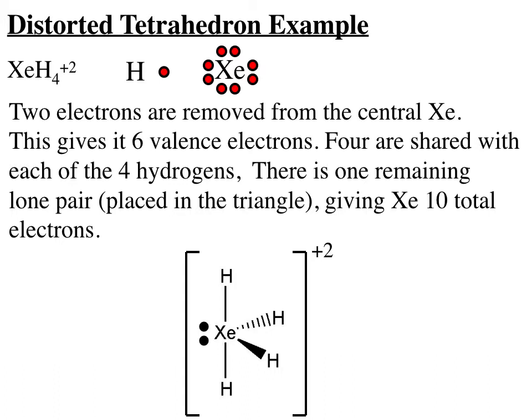And there are 4 remaining bonds, 2 in the equatorial positions, 2 in the axial positions. And as decorum requires, I group the entire molecule in parentheses and put the total charge on the outside. So this molecule has the distorted tetrahedral appearance.